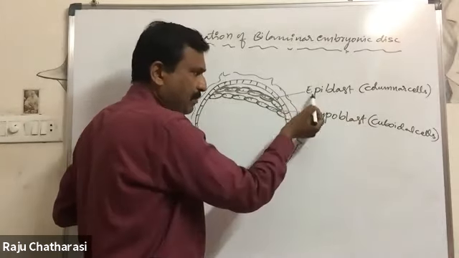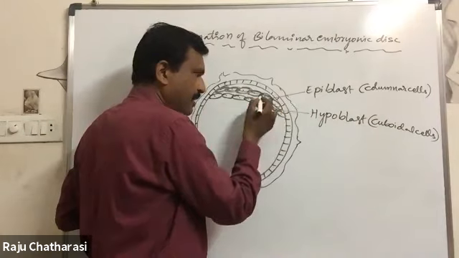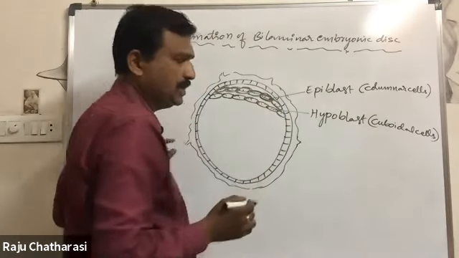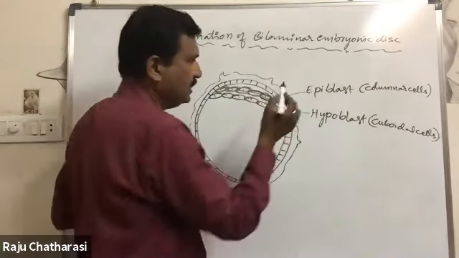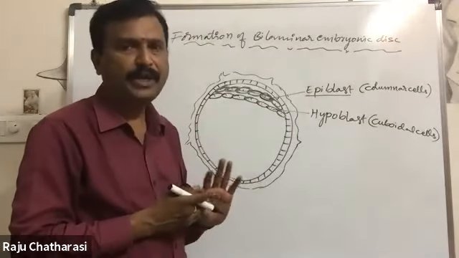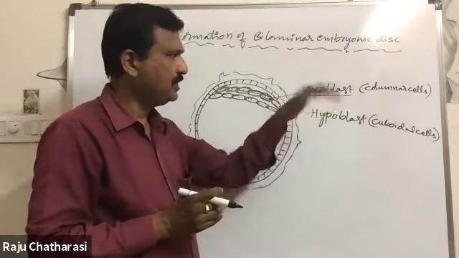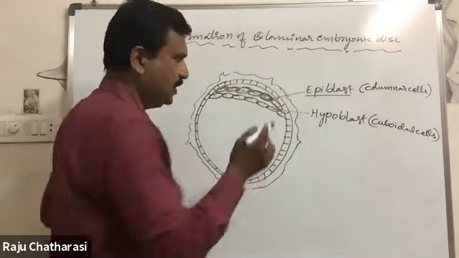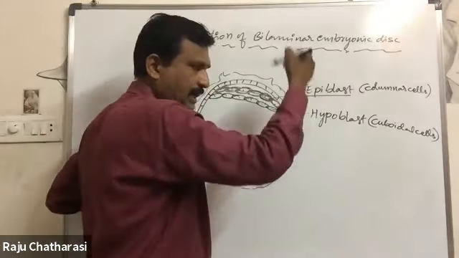So the epiblast layer is basically a columnar cell layer, and it is primitive ectoderm. In future, it further develops into ectoderm, mesoderm and endoderm.